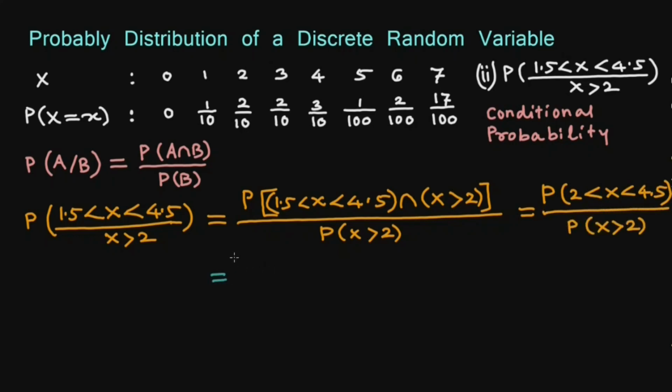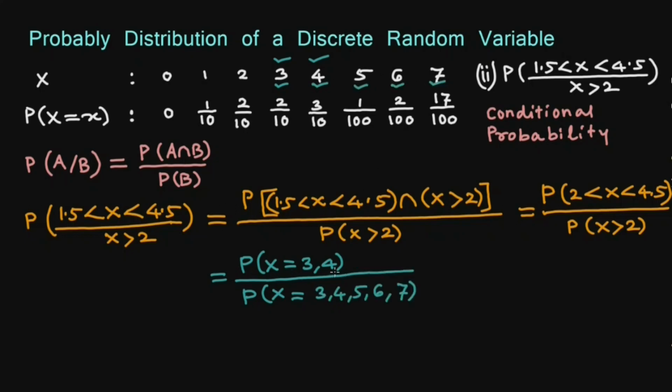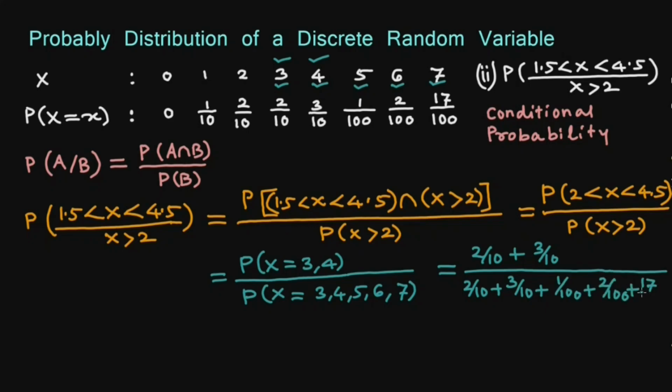The numerator will include p of x equals 3 and 4. P of x greater than 2 will include p of x equals 3, 4, 5, 6 and 7. P of x equals 3 and 4 will be 2 upon 10 plus 3 upon 10, upon 2 upon 10 plus 3 upon 10 plus 1 upon 100 plus 2 upon 100 plus 17 upon 100.